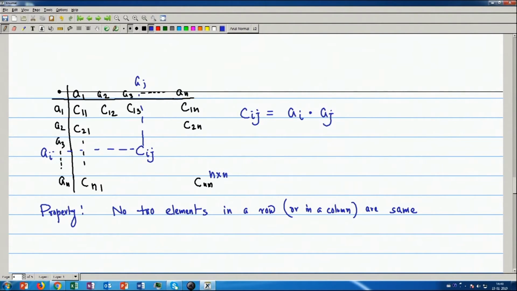Now, how can we show that? See, assume that two elements are the same. So, let two elements Cij and Cik be equal in a row. We consider that in a row two elements are the same.